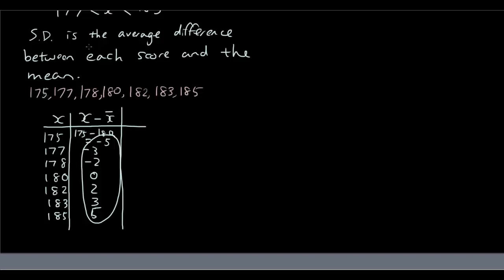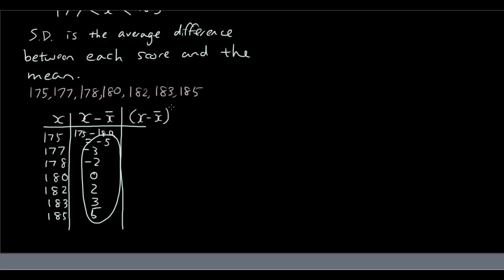Actually I shouldn't say that it'll be 0 for all different data sets, because they probably won't be symmetrical like this one, but the negatives will definitely influence the positives, which is not what we want. So what we're going to do is something that will get rid of the negatives, and we're going to do that to every single number here, and that is we're going to square them.